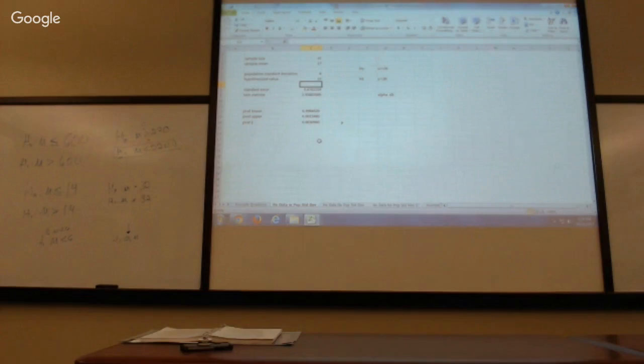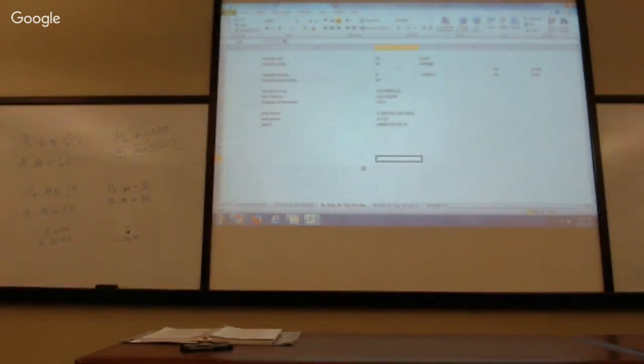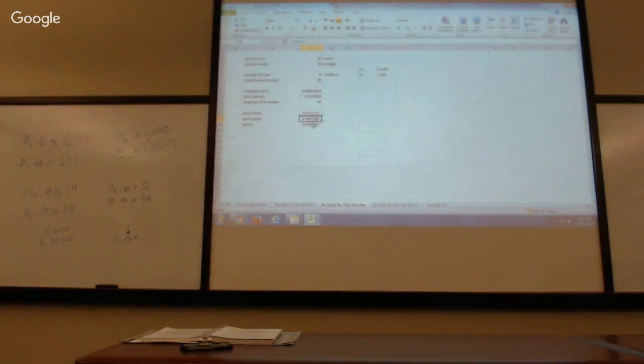So if we're given the population standard deviation, we're going to use the one that has our standard error and our test statistic. That's with a population standard deviation that is known. If the population standard deviation is not known, then we are going to use our t distribution instead of our z distribution.